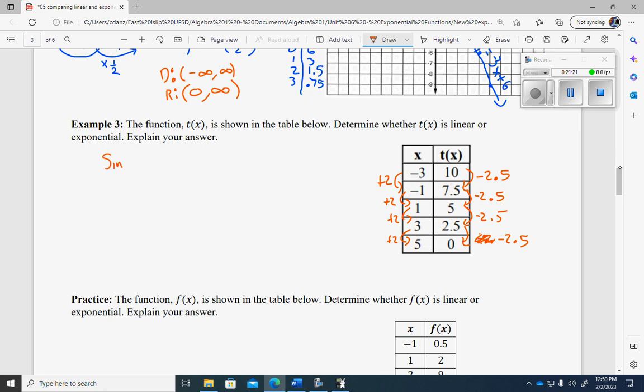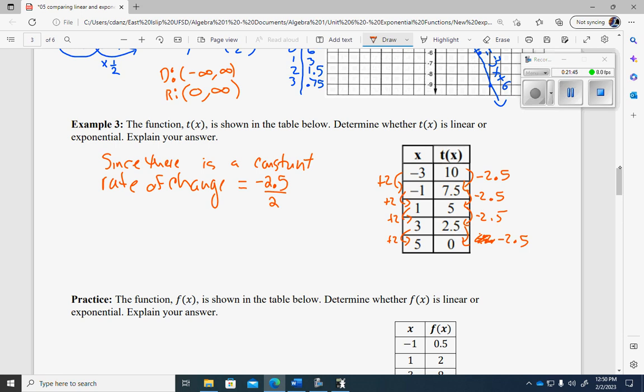So since there is a constant rate of change equal to negative 2.5 over 2. That's important. The rate of change is just not negative 2.5.